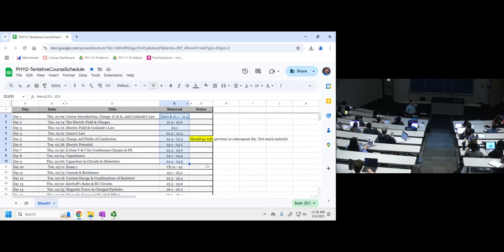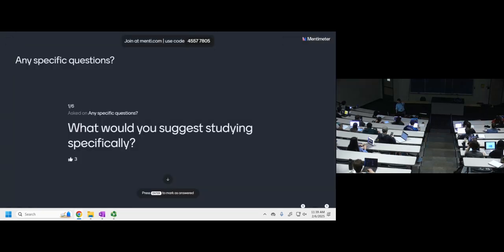Those are the ones you want to focus on. Chapters 21 through 24, knowing that we skipped a few sections in a few of those chapters. But yes, this exam will be over chapters 21 through 24. You can take a picture of that if you want to, or it's on Canvas in the Unit 1 course overview module.